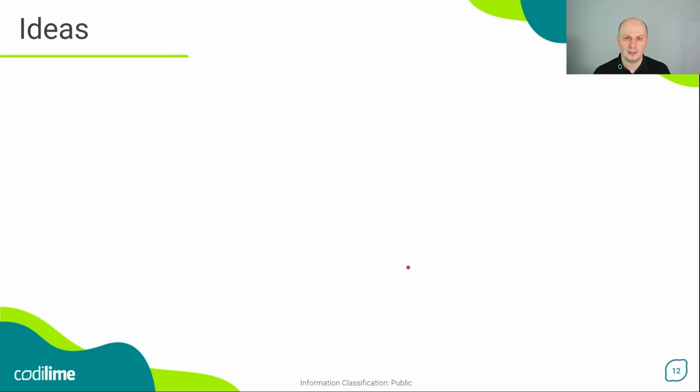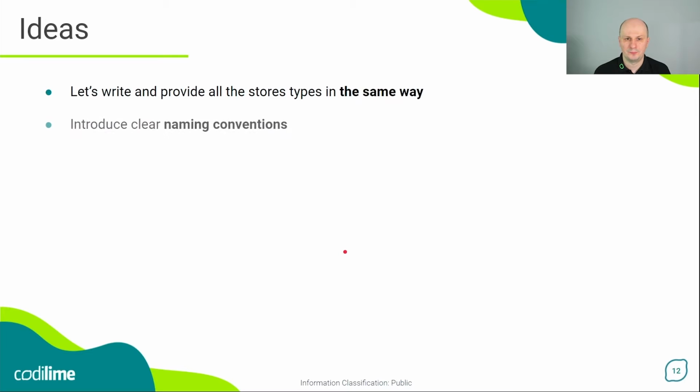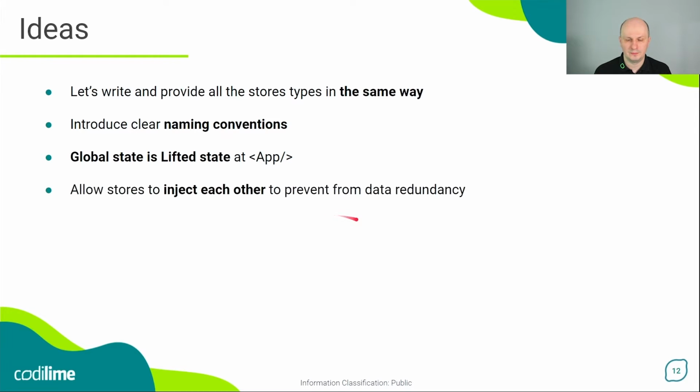So what are my ideas on how to solve those issues? The first one is that we should write and provide all the store types in the same way. We should also introduce a clear naming convention for easier reading and writing of the code. The global state is just a lifted state, but provided only on the app component level.